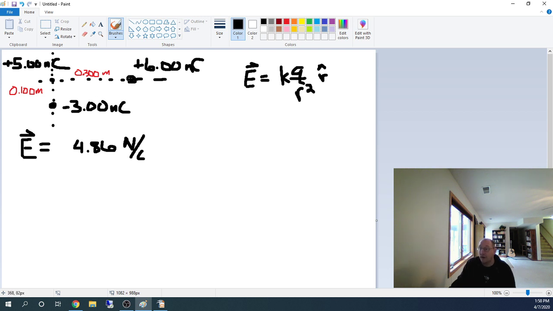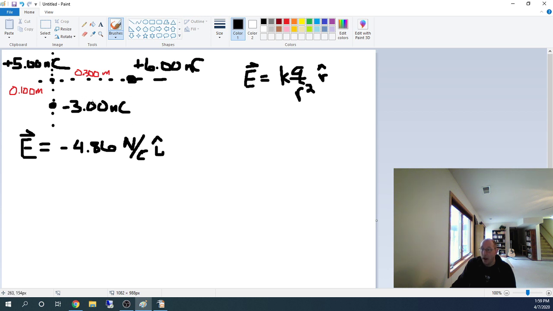Now, the direction: this is a positive charge, and remember the electric field always points directly away. Away from the positive charge at that spot is in the negative i hat direction. The magnitude, just using the 6 without the sign, is 4.86 newtons per coulomb, and the direction is minus i hat.